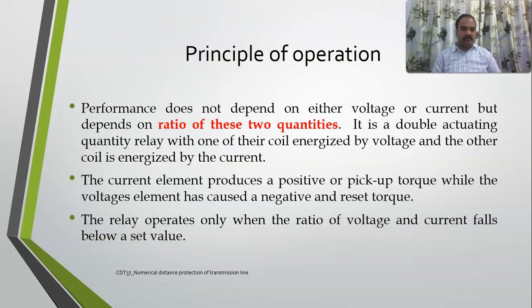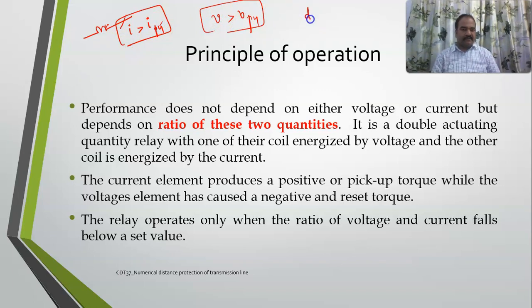Now, how does it basically work? We have seen the introduction part. If you take an overcurrent relay, it will operate when the current is greater than your pickup value. If you take a voltage relay, it will operate when your voltage is greater than your pickup value.